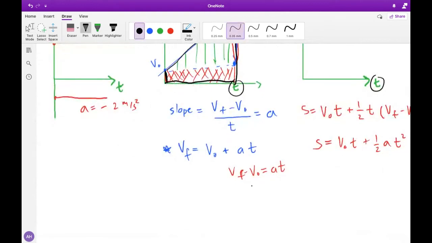And what's interesting about that is, we can write the velocity this way. Velocity is dx dt. And we can also say acceleration is dv dt.